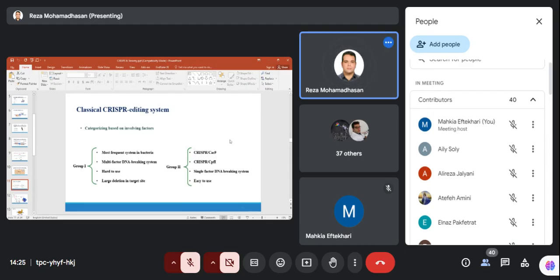Group 2 contains the two main systems that we will talk about later, and currently we use them in different studies. The two main reasons that they are more useful and common are that they are a single factor DNA breaking system and also easy to use.